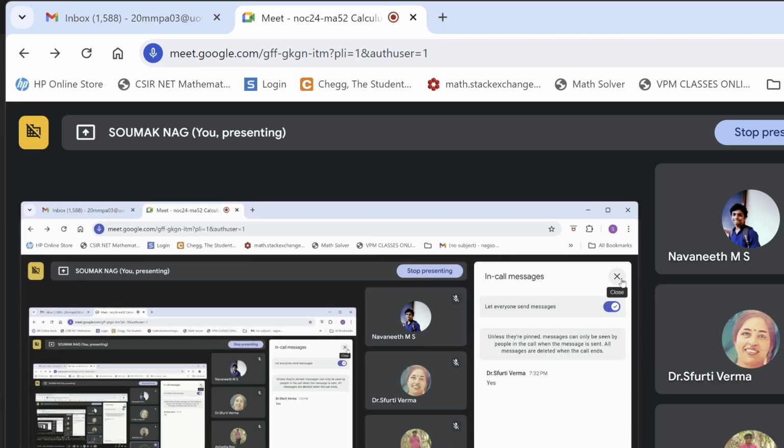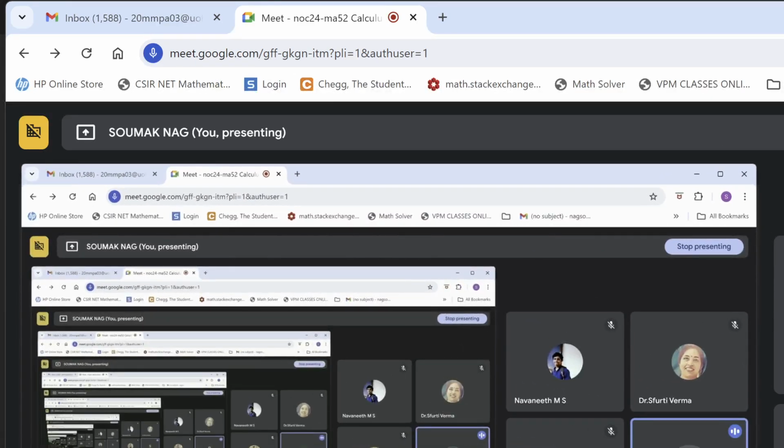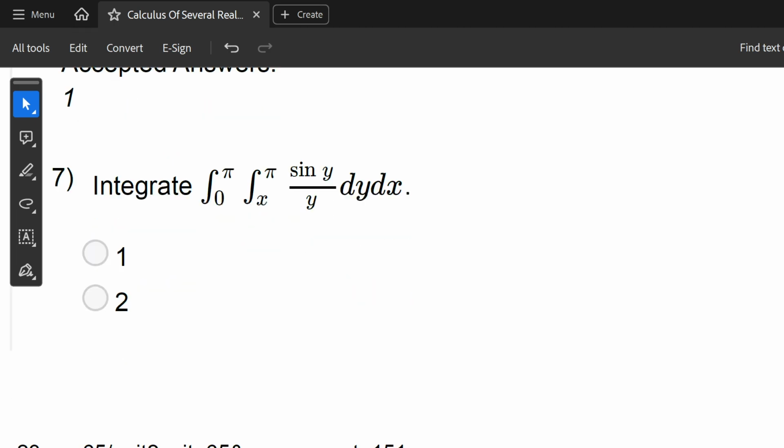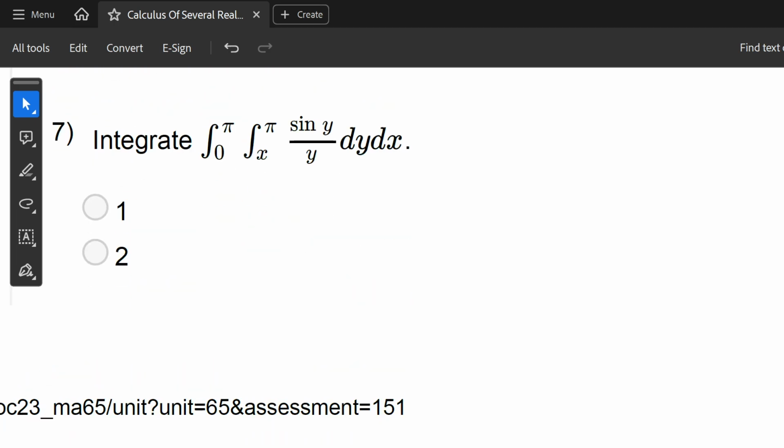Okay, so the next is question number 7. So it is, as I told, sin y by y. In my first problem only I told that you have to do change of order of integration because sin y by y cannot be integrated directly. Okay.